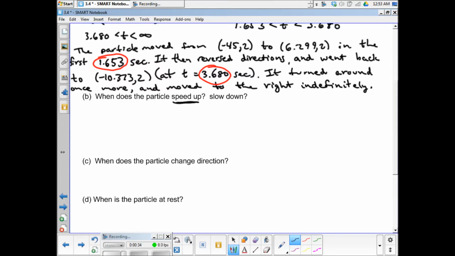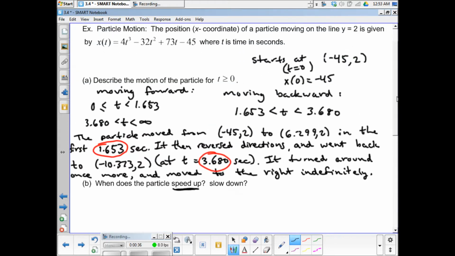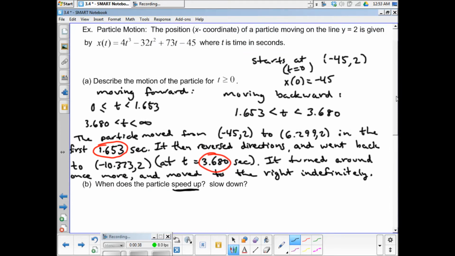Okay, so the derivative for this function can be found by hand, and it is velocity equals 12t cubed, 12 what? 12t squared minus 64t plus 73.